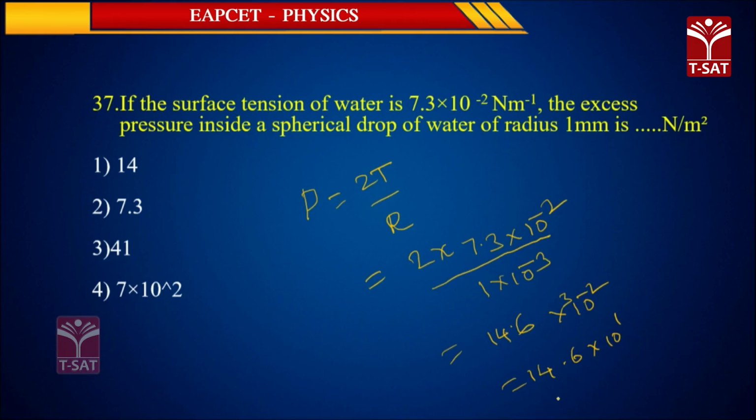That is here 146 into 10 to the power minus 1 plus 1, that is cancel. 146 is the answer. Okay children, 146 is the answer. Pressure 146, pressure unit is what here? Pascal. Therefore, 146 Pascal is the answer.